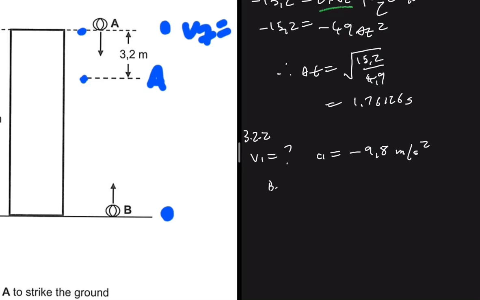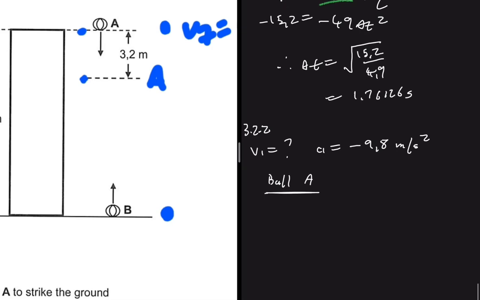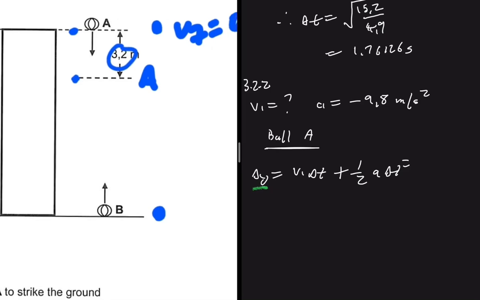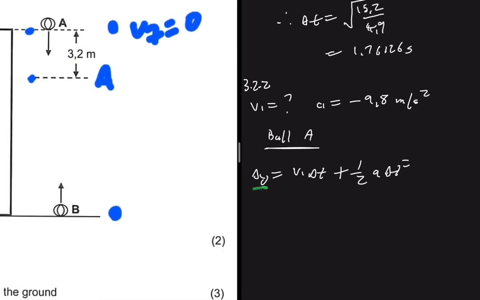So for ball A, we can say that delta y is equal to Vi delta t plus a half a delta t squared. Now our delta y, we can say that is minus 3.2 meters because we're looking for the time taken for only this journey. That is the time we're interested in.